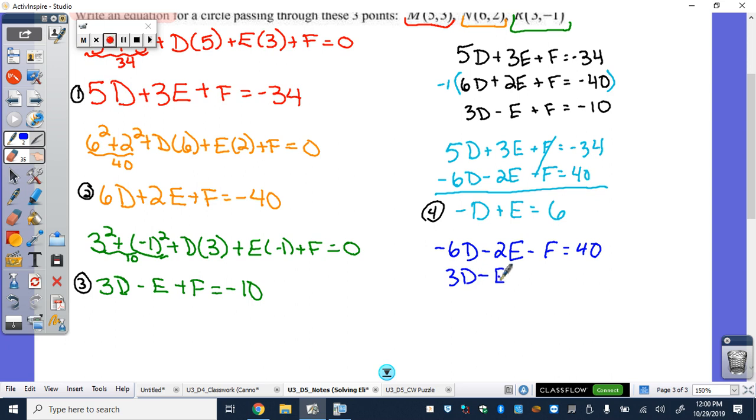I'll leave my third one the way it is. And then add the 2 of them together. Still is going to get rid of my letter f there. That gives me negative 3d minus 3e equals 30.